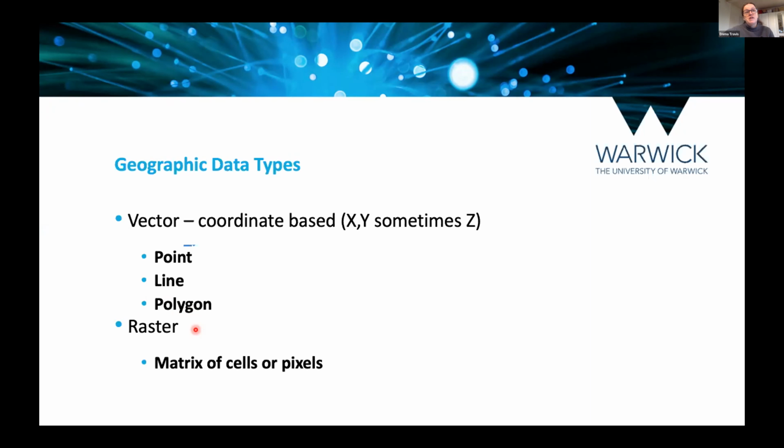So it could be, for instance, the digital elevation model, which we talked about in the first talk on Monday, is an example of a raster. And so you might have different heights which on your map are represented in different colours, for instance.